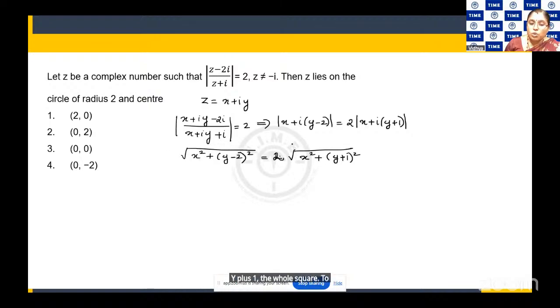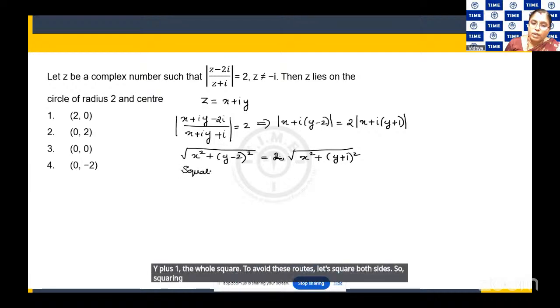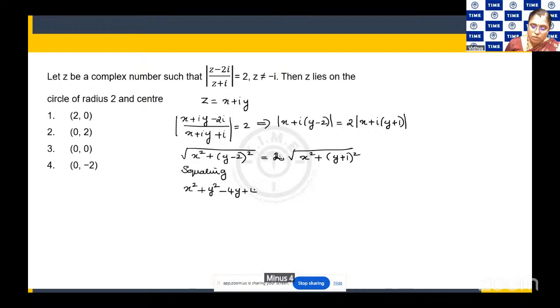To avoid these roots, let's square both sides. So squaring, what do we get? We have x square plus y square minus 4y plus 4 equal to 4 into (x square plus y square plus 2y plus 1), right?